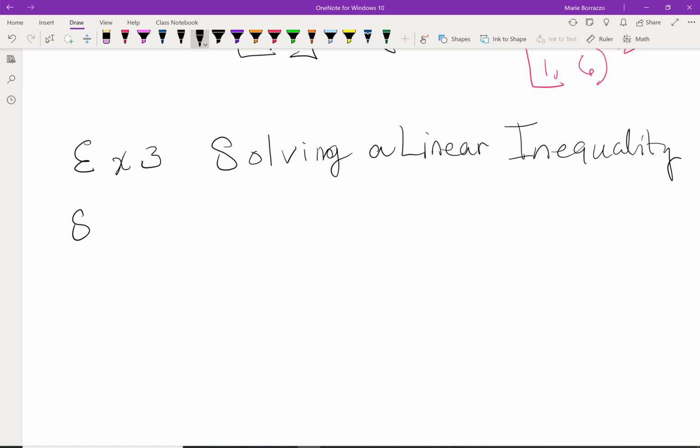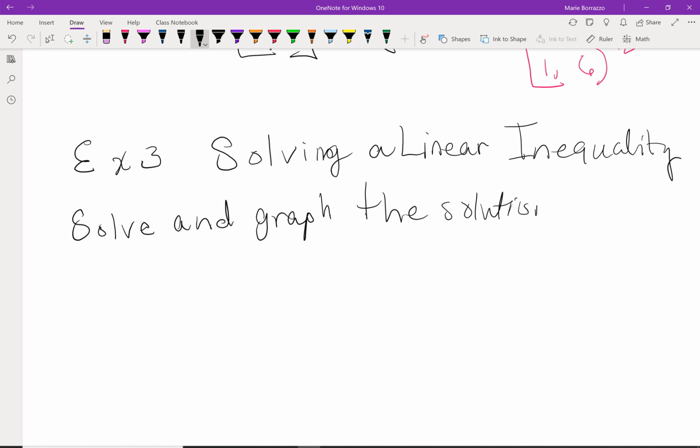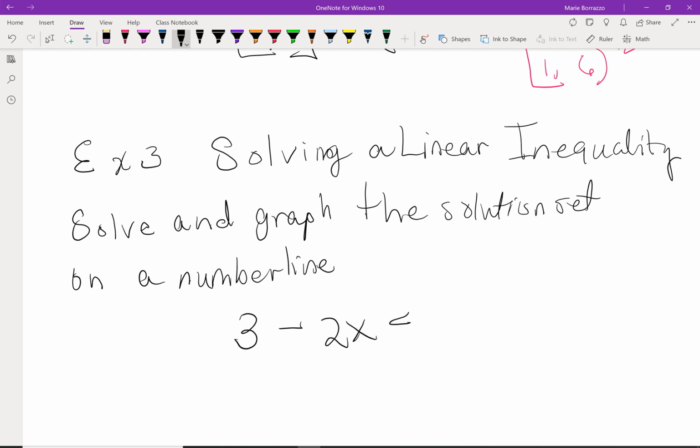So it says solve and graph the solution set on a number line. Apparently this morning is challenging for spelling number line. There we go. They give you 3 minus 2x less than or equal to 11.